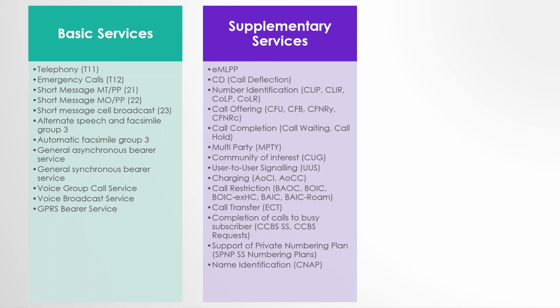Closed user group supplementary service enables subscribers to form closed user groups to and from which access is restricted. Members of a specific CUG can communicate among each other but not in general with users outside the group.